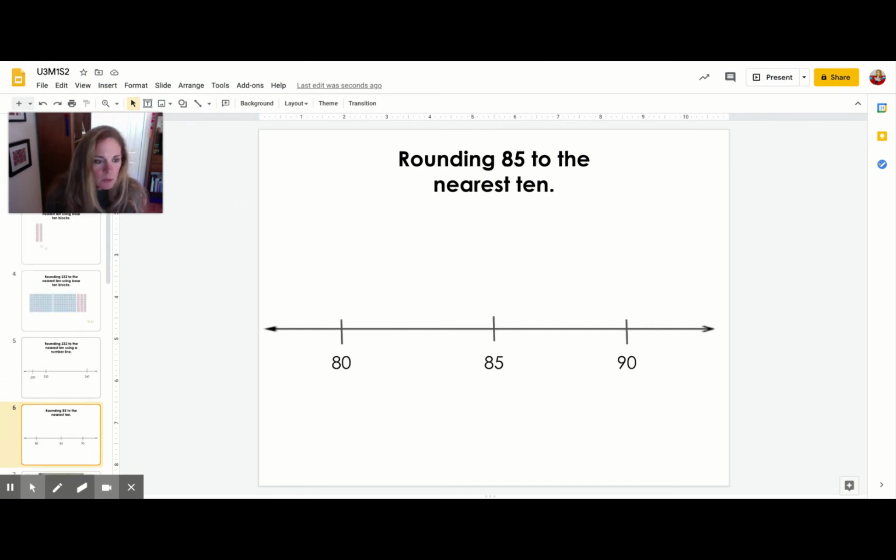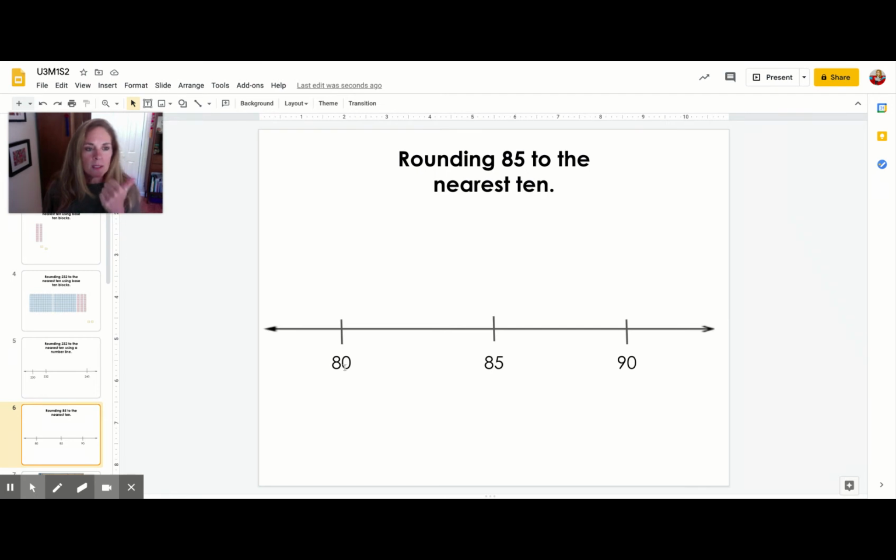And now let's move on to rounding 85. 85s are the tricky number because they are right in the middle of the two tens. So we have 85, it's between 80 and 90. Whenever you have a 5, you round up.